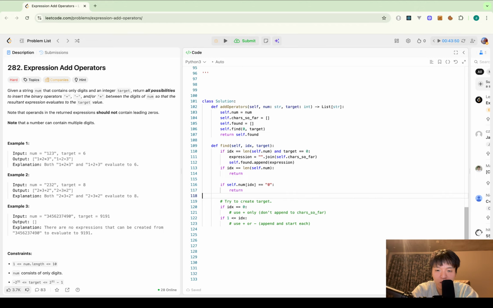This is invalid. And here, if this is 0, operator should be plus. And here, use plus in this case.